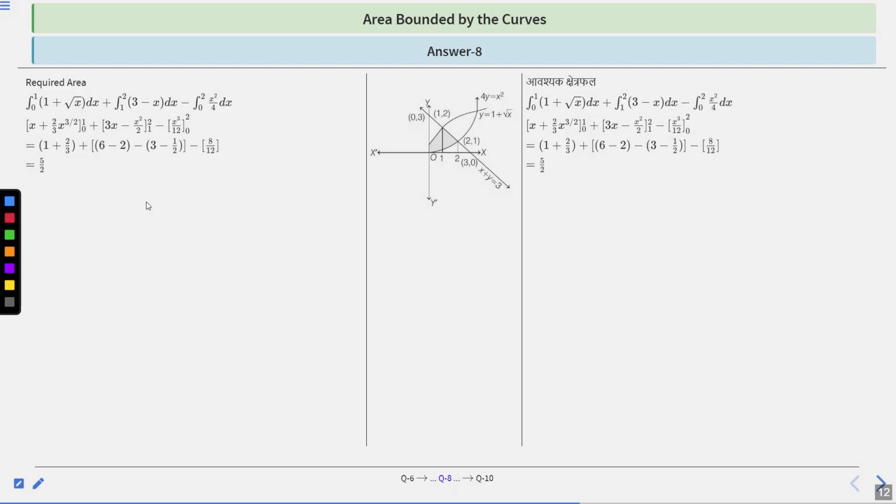After putting the limits, you will get 1 plus 2 by 3, plus 6 minus 2 minus 3 minus 1 by 2, minus 8 by 12. After solving and simplification, you will get the answer as 5 by 2.